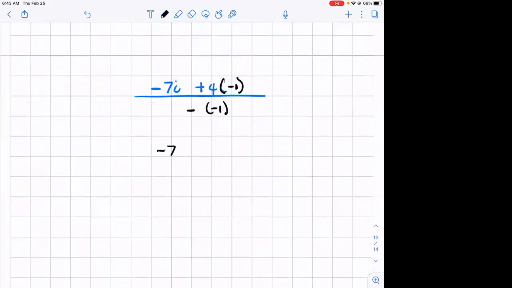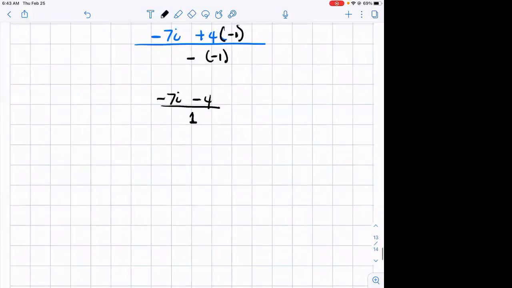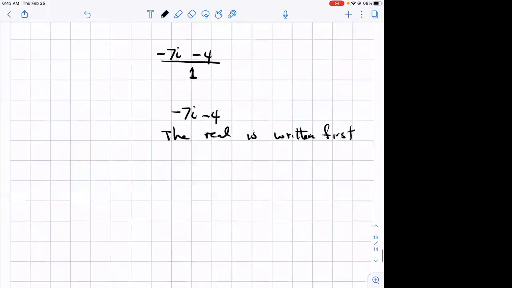So we have minus 7i minus 4 over 1, which is the same as minus 7i minus 4. But in standard form, the real part is written first. So this becomes minus 4 minus 7i. And here is our standard form.